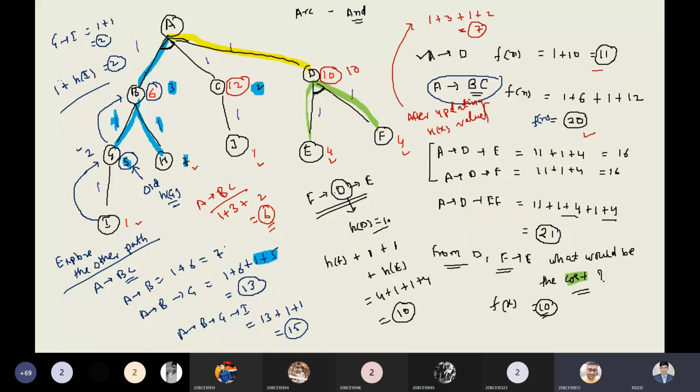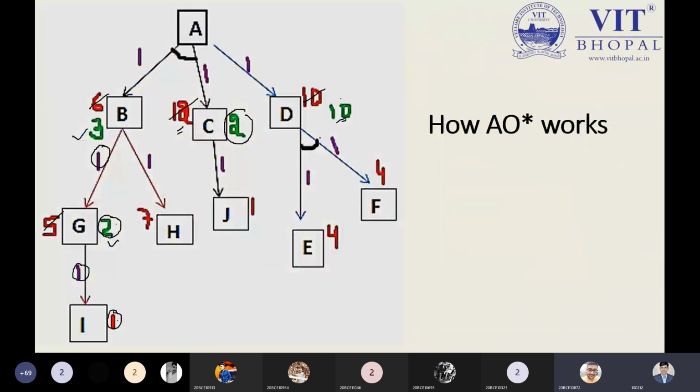See, what you're observing, just let me write the thing properly. Just look at this problem. In our problem here, the AND arc is given.